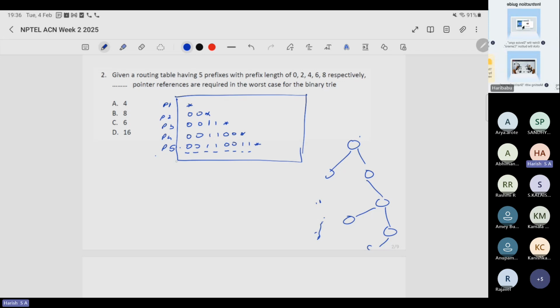Right? So now they're saying this table has 5 prefixes, out of which the lengths are such and such. Correct? The length of P5 is 8. So in the worst case, how many pointer references are required?